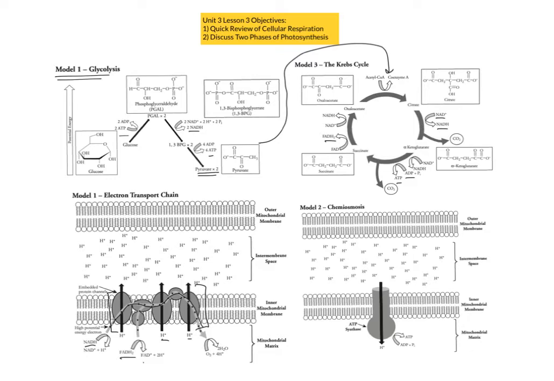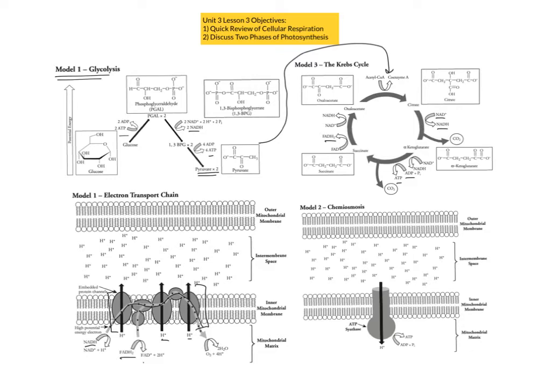Now, what this does is it creates this constant chemical gradient, where we've got a high concentration of hydrogen ions in the intermembrane space and a low concentration in the matrix of the mitochondria. And that allows for the second part of oxidative phosphorylation, which is chemiosmosis, to occur.